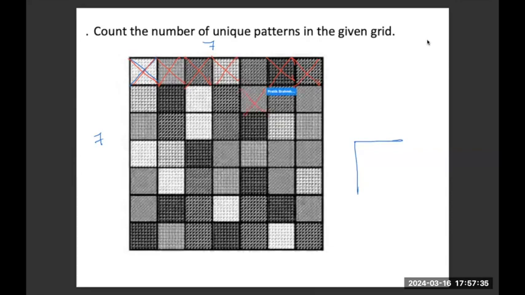And then 7. All the other tiles are same. 7 is the total number of tiles that are different in this figure. You have to find the unique patterns that are there. The ones which are crossed here are all the unique patterns in this combination. Okay, move to the next one.